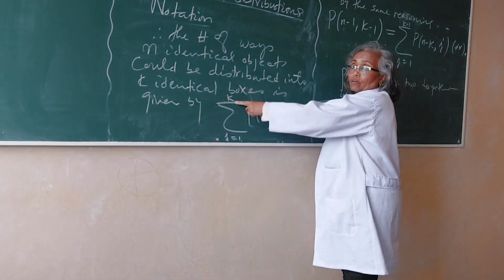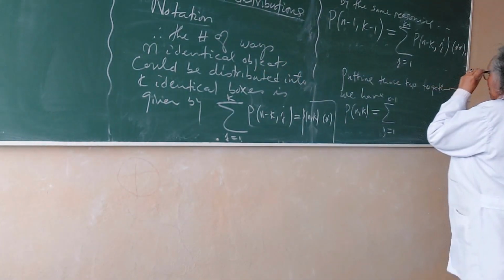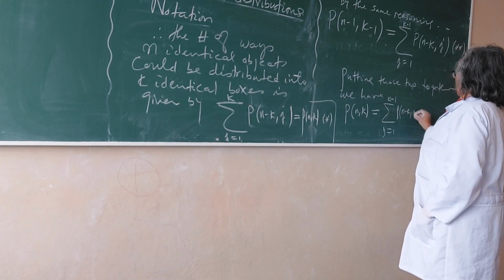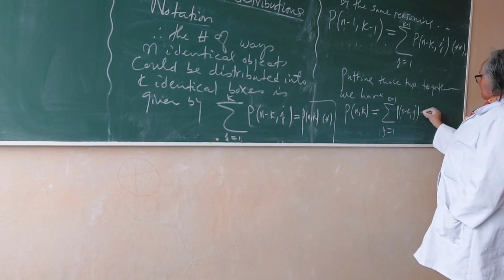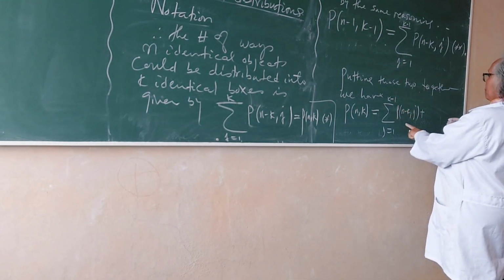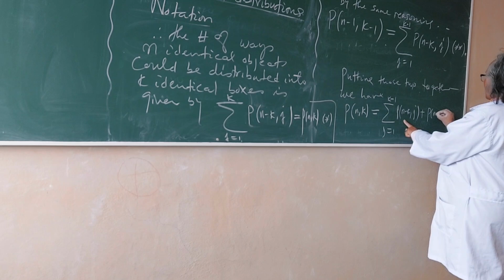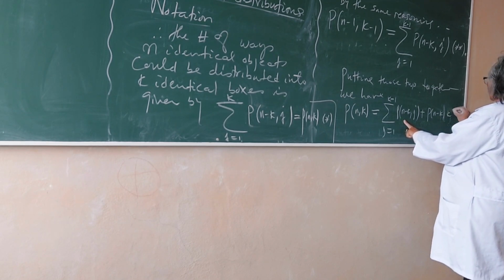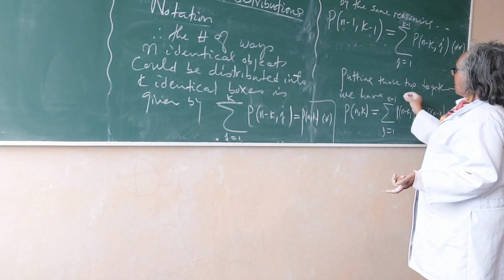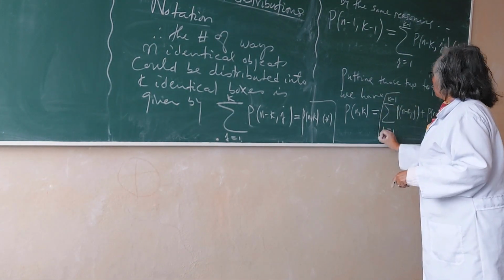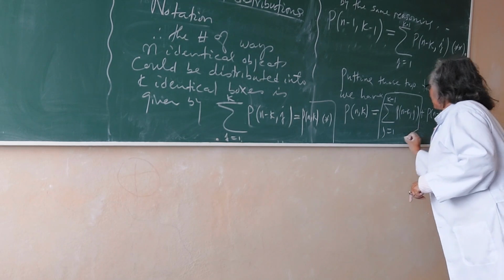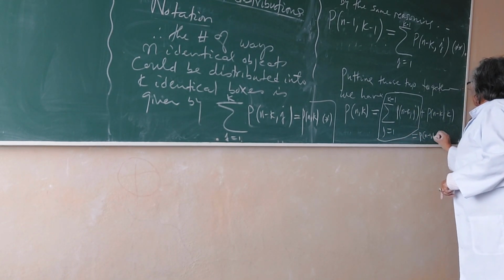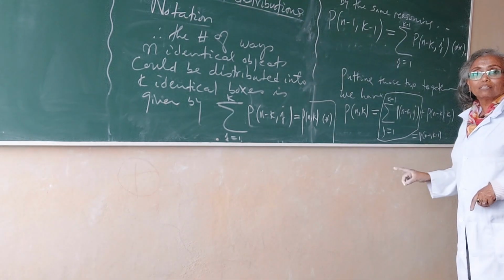I will just write the k term separately, plus, of course, when j is k, we have P(n minus k, k). Now, by relation number 2, this sum is nothing but P(n minus 1, k minus 1).